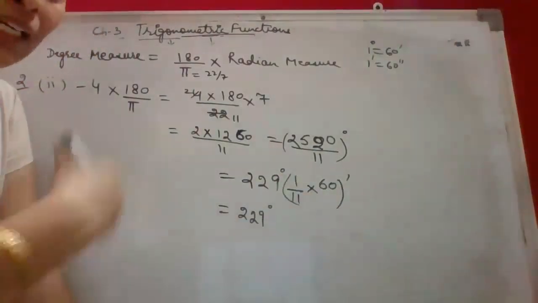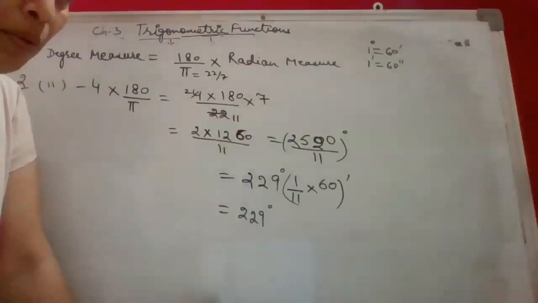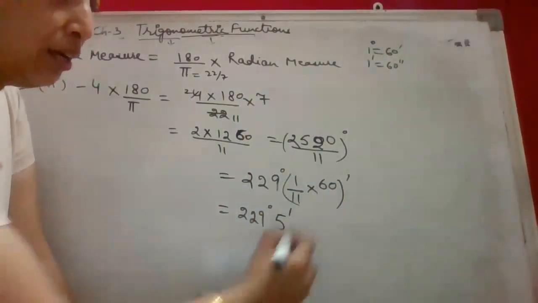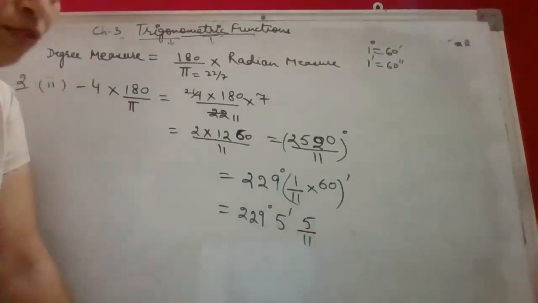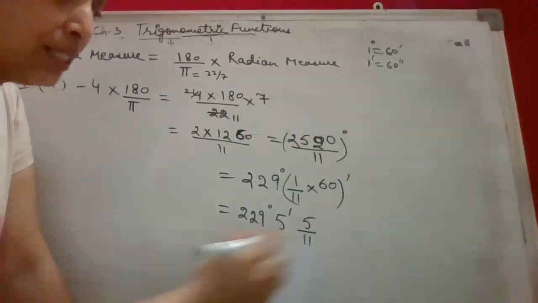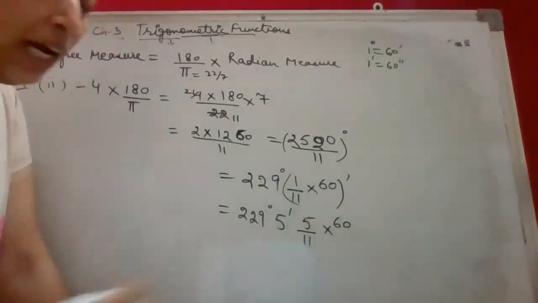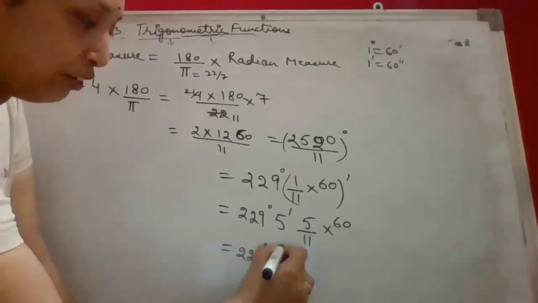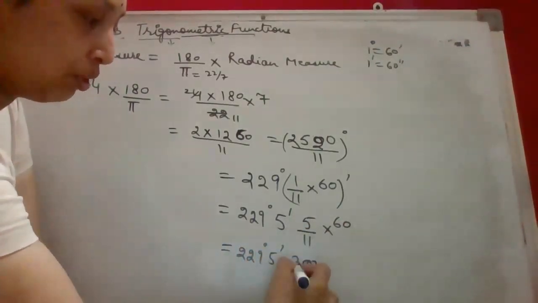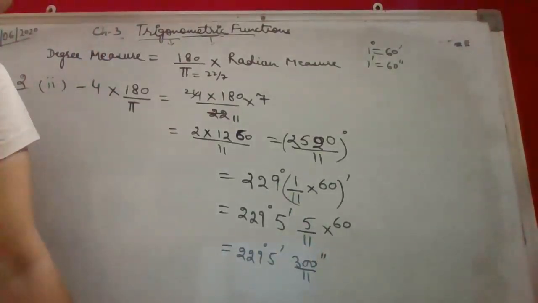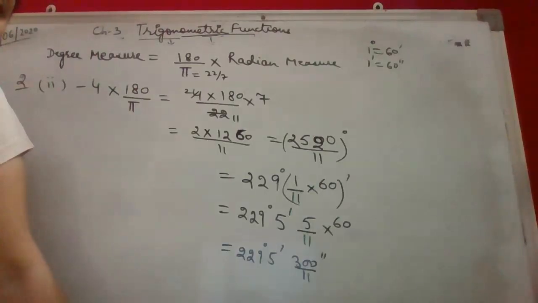Now again divided by 11 to get proper minutes. So 11 fives are 55. Minutes are there. 5 by 11 is left. And again for 5 by 11 we need to convert it to seconds. So multiply it by 60 again to get the seconds. 229 degrees, 5 minutes and 5 6 are 3300 upon 11 seconds. Now after seconds we do not have any unit. The seconds we can give in decimals approximately.